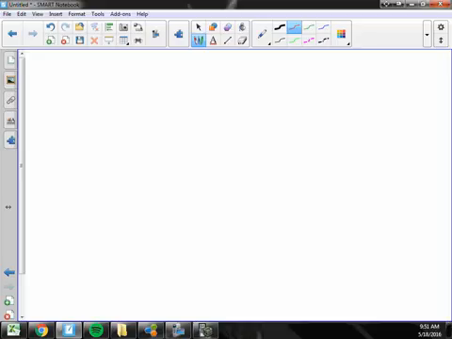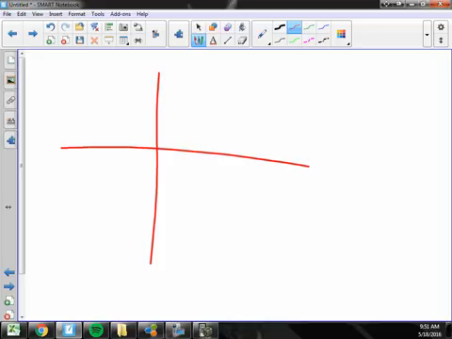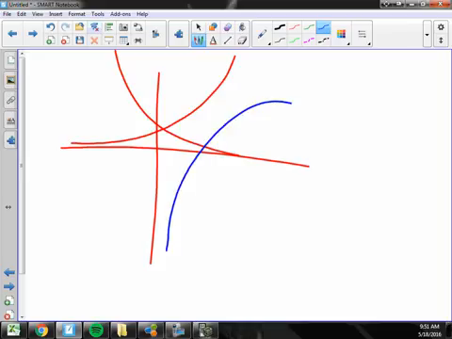The graph of a logarithm is the inverse of an exponential graph. So exponential graphs either look like this or like this. You cannot make negative numbers using exponents. They're not in the range. A logarithm graph is the inverse of that. So it either looks like this or like this.